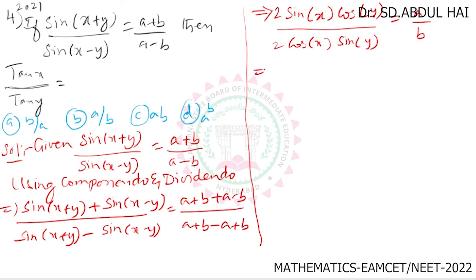The 2 cancel. So sin by cos is tan x, cos by sin is cot y. When it goes to the denominator, it becomes tan y, which is equal to a by b.